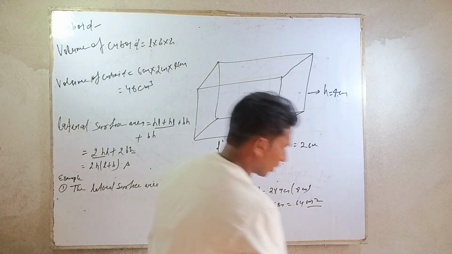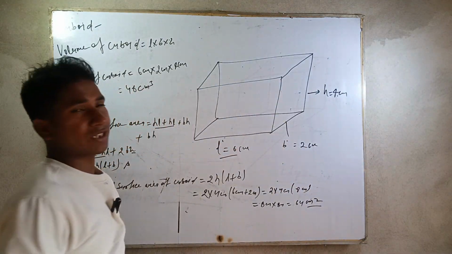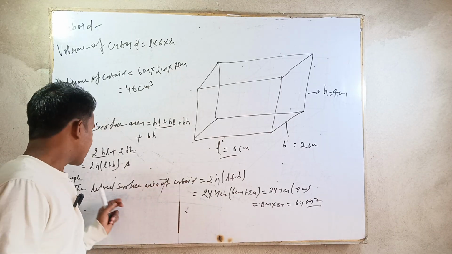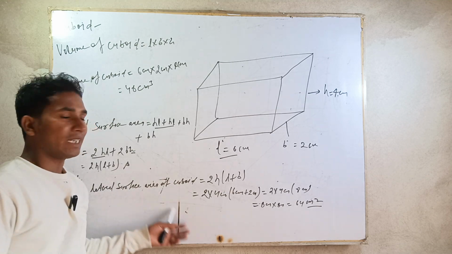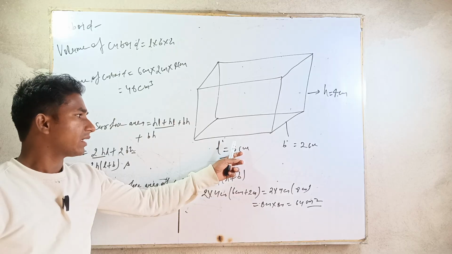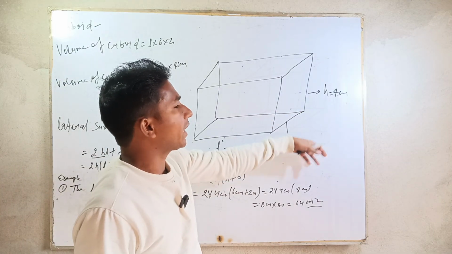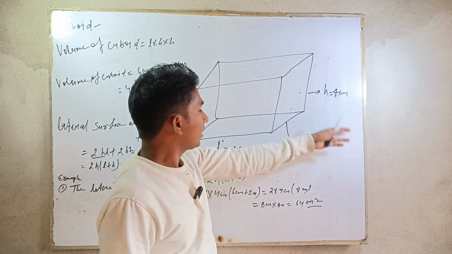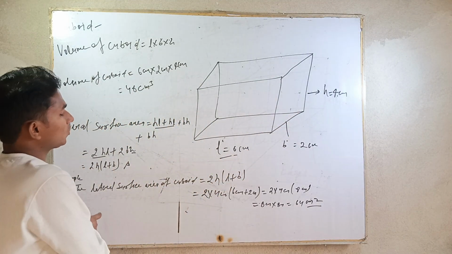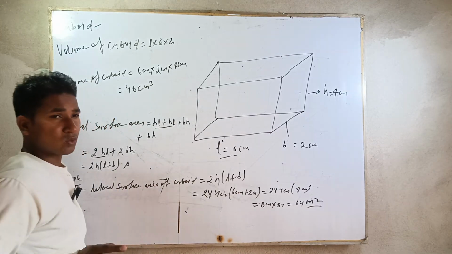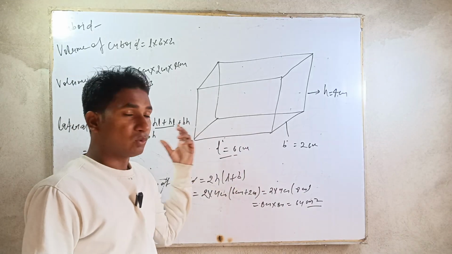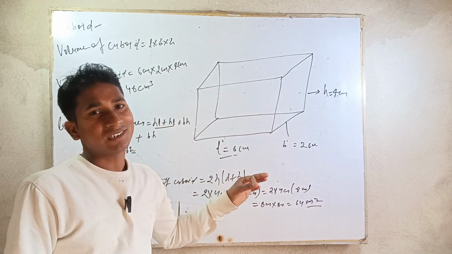There are so many questions asked related to the cuboid. Sometimes it will say that lateral surface area is given and L is given and breadth is given, find out its height. That means three things will always be given, one thing will be missing, and we will be asked to find out that missing value.